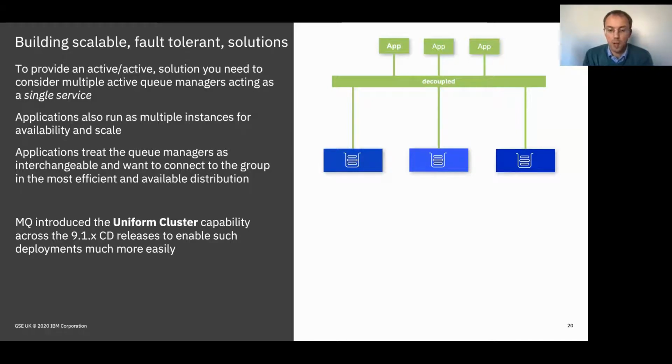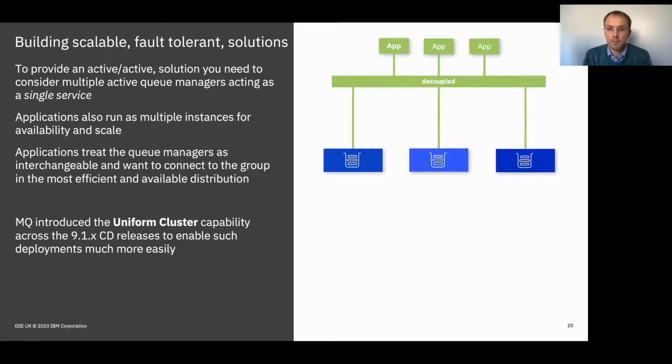This is because however resilient you make an individual queue manager, there will always be the potential for that queue manager to be unavailable, even for a short period of time during a failover. And you also can achieve better scale and resiliency by having multiple services that an application can use.